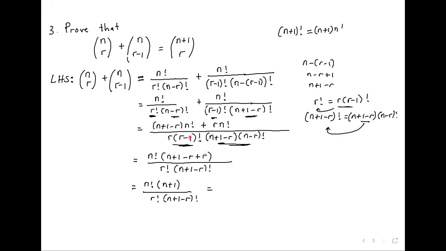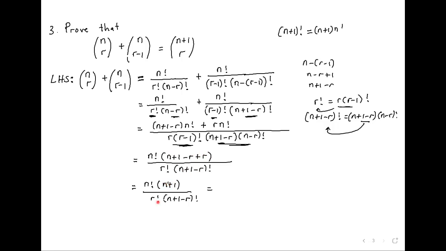we now write this in its original form as R factorial. And this in its original form as n plus 1 minus R factorial. Then we see that minus R plus R is just 0, so we have n plus 1 here. Simple.